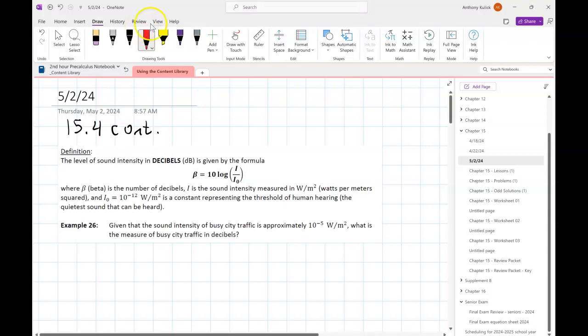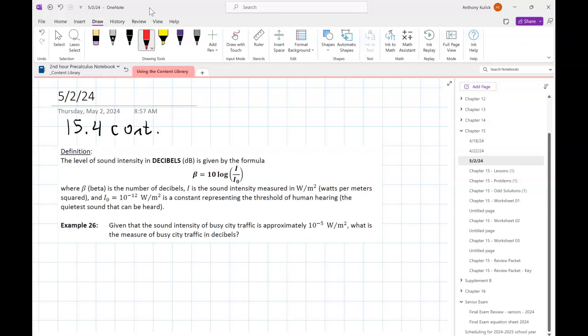Where we had left off, we had just talked about solving exponential and logarithmic functions. We've been talking about logarithms. We're going to look at some more application problems here, and then start talking about financial mathematics, which will be our final section, chapter 15.